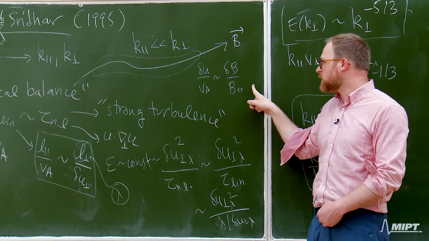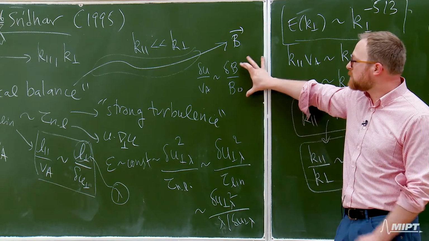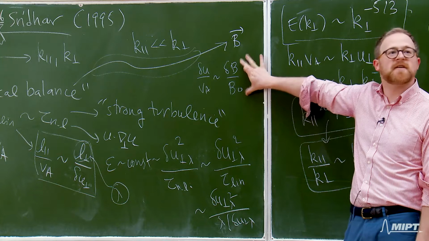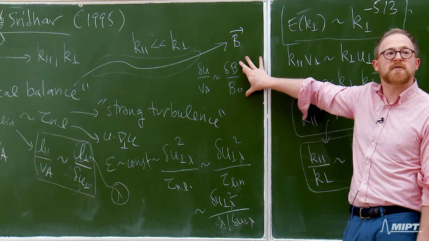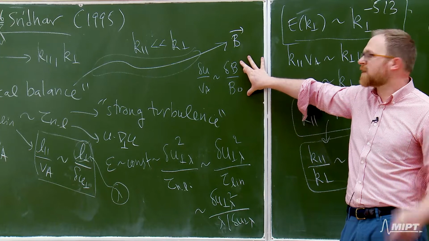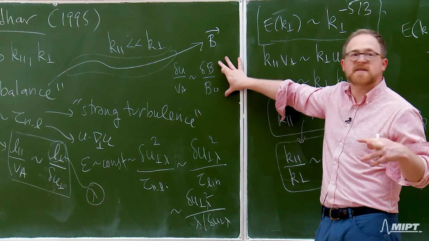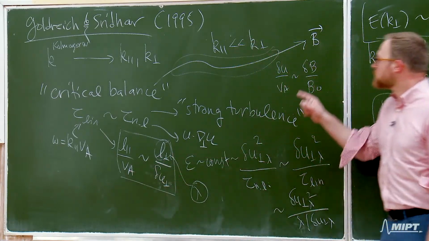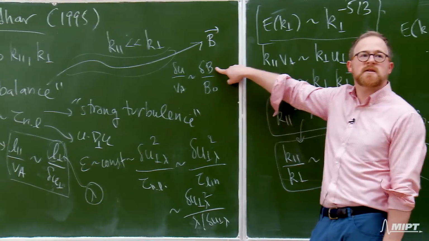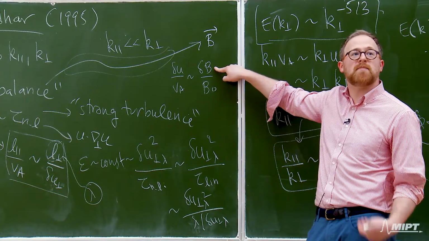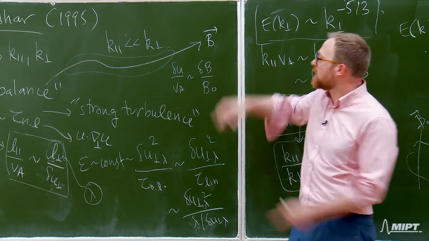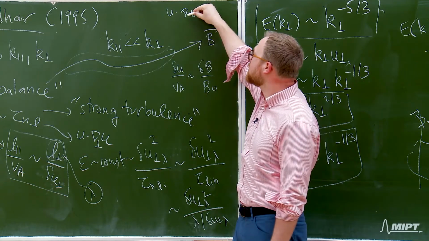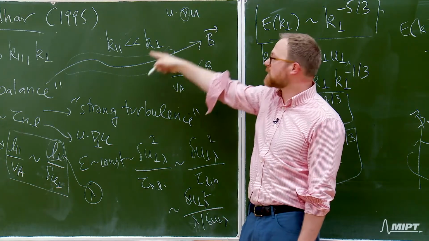And something which isn't always appreciated is that this can be small, and you can still have strong turbulence. So in weak turbulence, this is a very small number. In strong turbulence, this can still be a small number, but what compensates for that is the difference between L parallel and L perp. So even though you can have small amplitude fluctuations, the nonlinearity can be big, even though these U's might be small, because of the size of k perp.